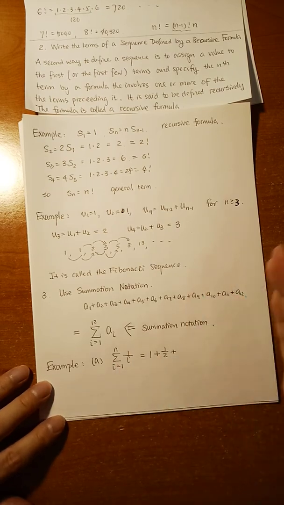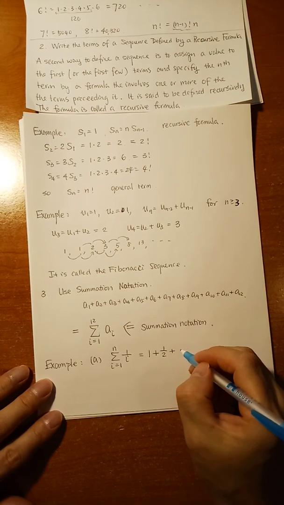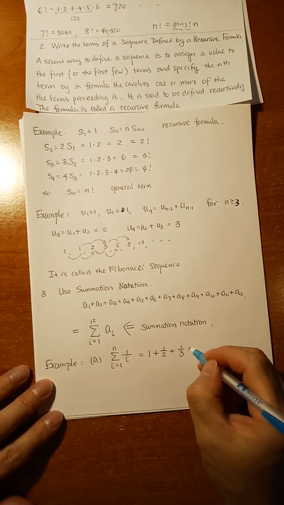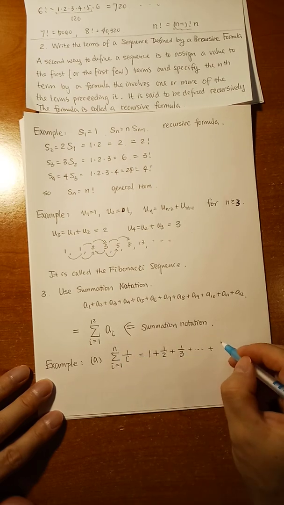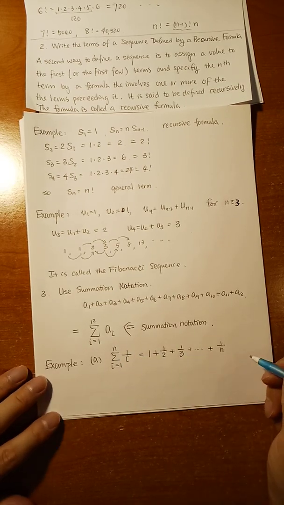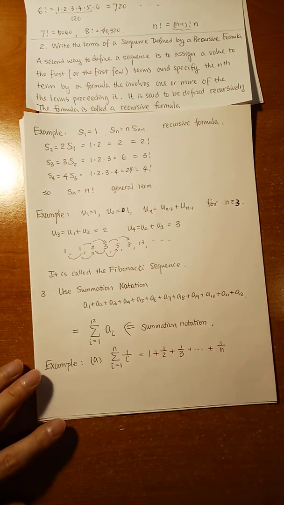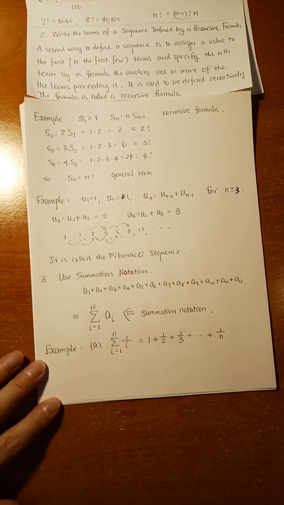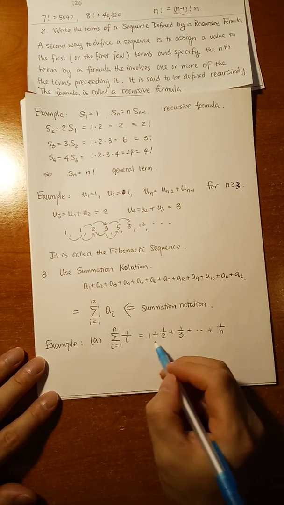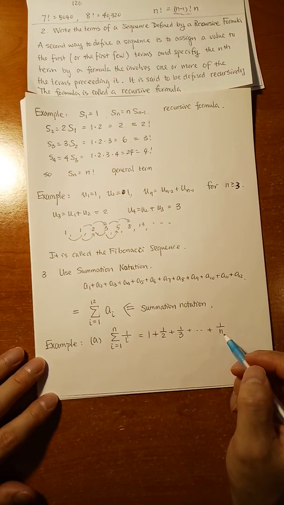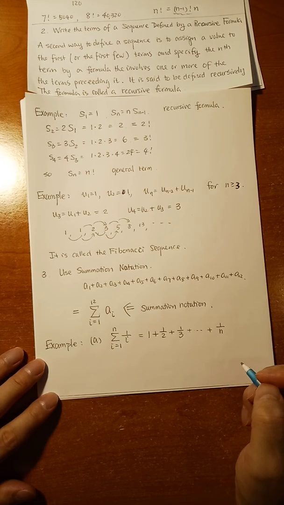Every time you increase the index by 1. And when the index becomes n, you add up to 1 over n. You use dots, of course, because you have no idea when you stop, so you just write the dots. So this sigma notation just means the sum of the first n reciprocal numbers. Okay?